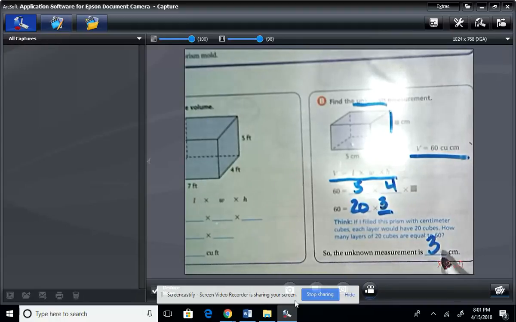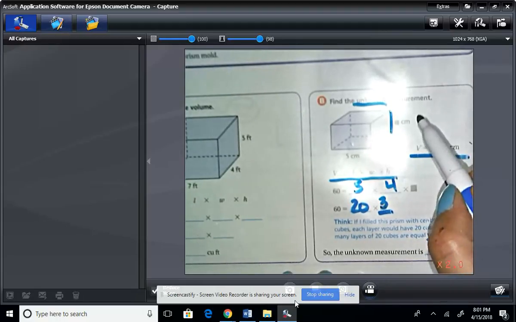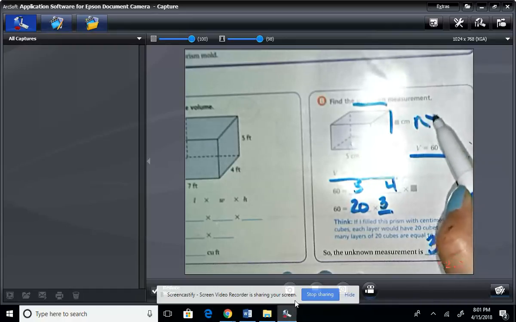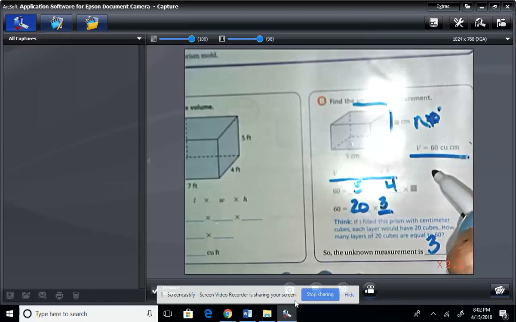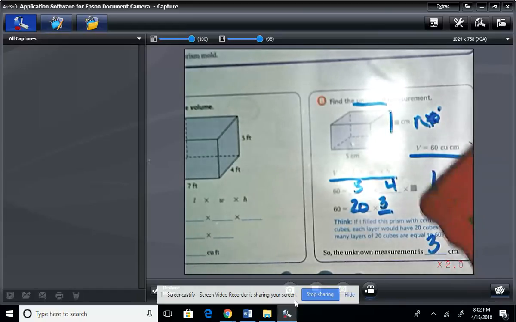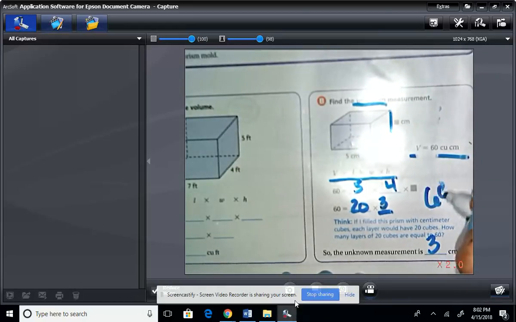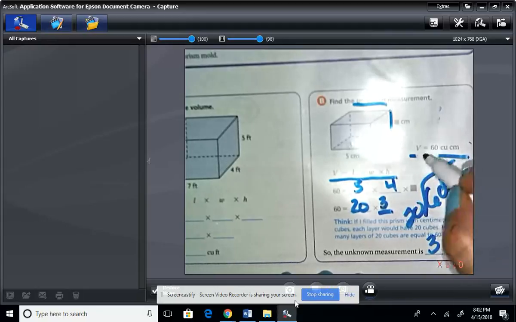We could have done it that way, or we could have worked backwards like we're used to doing. If we weren't sure, we could have taken 60 divided by 20, and we would have got 3, and 3 would have been our unknown.